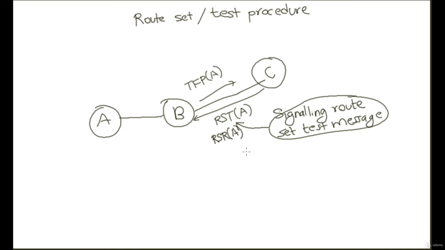RSR stands for signaling route set test message for restricted destination, and RST is for prohibited destination. RSR is for the restricted destination.